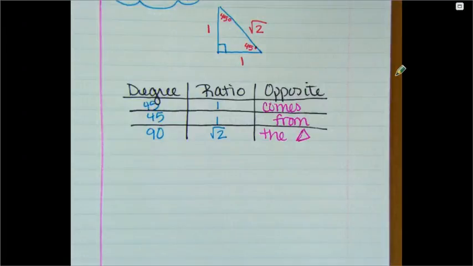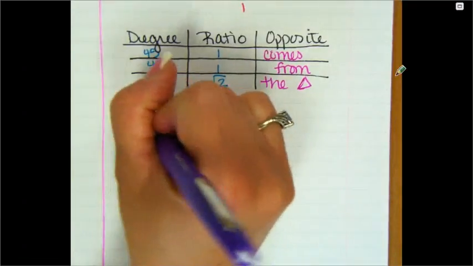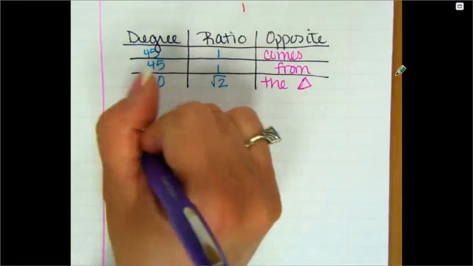All right, next one. Second type. 30, 60, 90. 30 degree, 60 degree, 90 degree triangle.